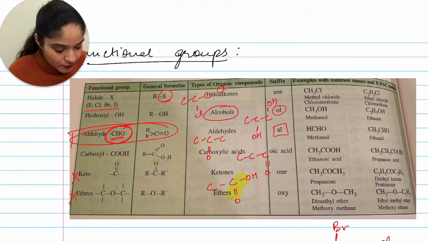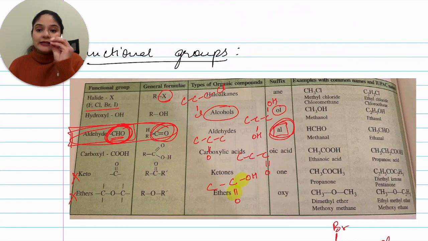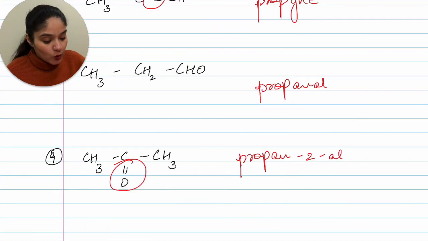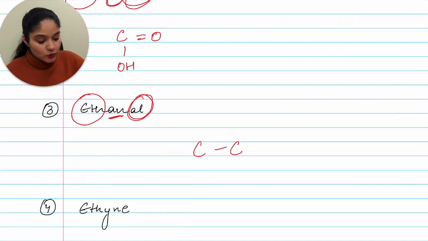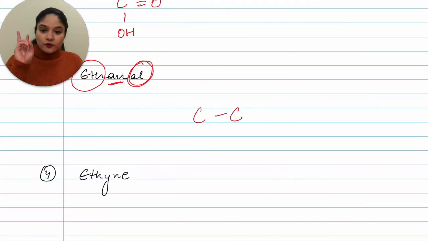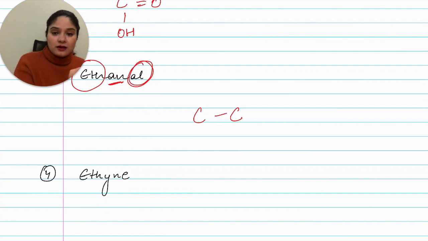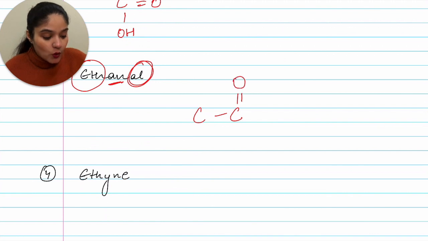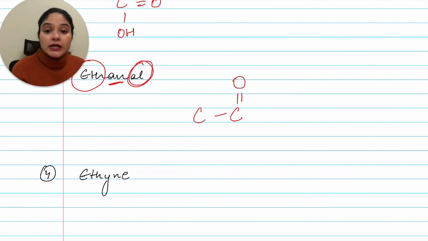Aldehyde, CHO, that means double bond O. I'm repeating so that you are able to remember it. Now, I have 2 carbons, single bond between carbons, Al. So, double bond O. You can write double bond O from both the sides because you just have 2 carbons. So, this is ethanal.